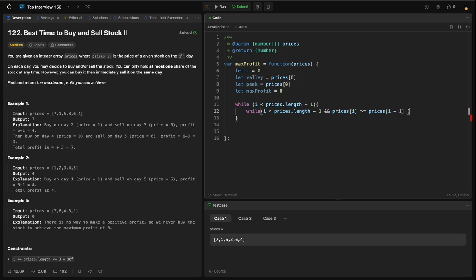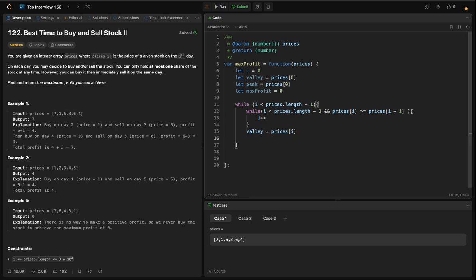If that is the case, that means we can't find the valley yet, so i++ until we find it. However, when we find an element that is smaller than its next element, that means we found our first valley element. So valley will equal prices[i].